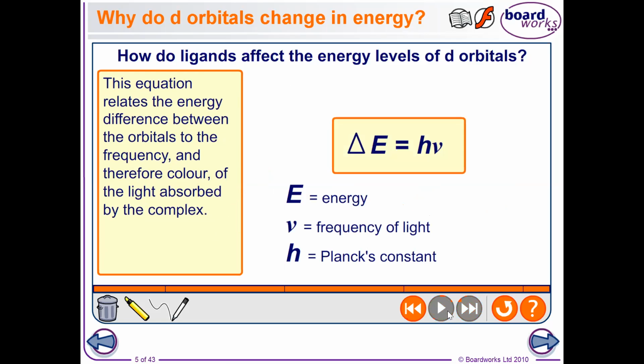For our purpose, this is the equation that relates the energy difference between the orbitals and the frequency. We have this already from grade 10. It gives the color of the light absorbed by the complex. So the energy difference will determine the color of the ligand complex that we have.